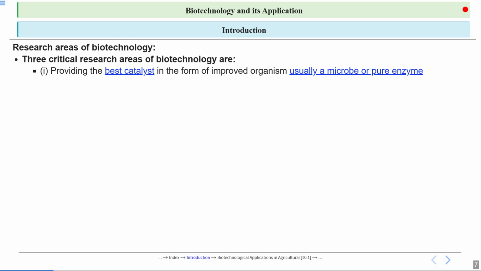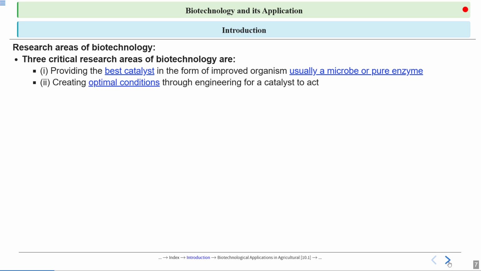If a chemical reaction takes 2 days, the catalyst will make it happen in 1 day. So one of the very important critical research areas is that we can provide the best catalyst, in the form of a microbe or pure enzyme, which will make a chemical reaction perform faster, and thus we can get the results faster.